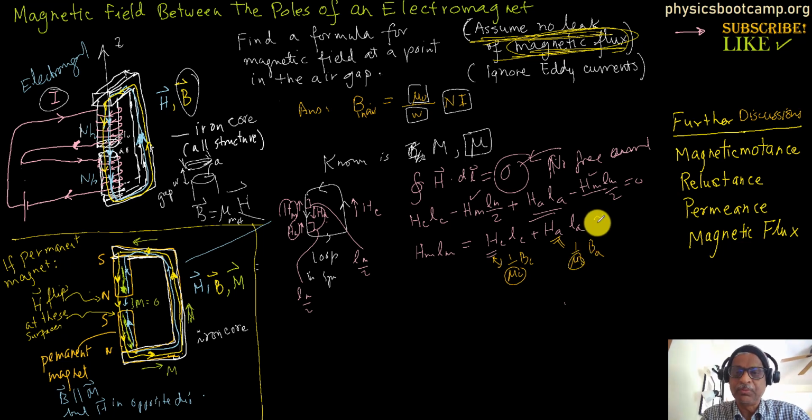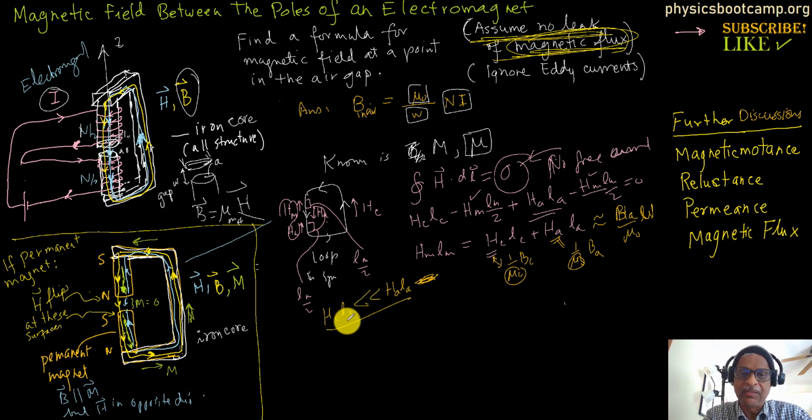So on the right side, we can say it is simply B_A over mu_0 times L_A, which is this. So this is simply like that. H_A, I'm assuming this is much bigger than the other way around, H_C L_C. So I'm making an approximation here.